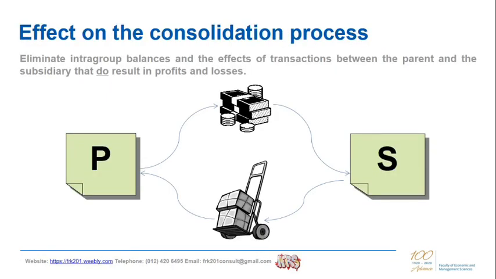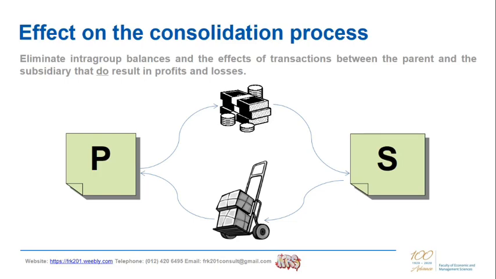The effect of having an intragroup sale of inventories on the consolidation process is that all intragroup balances and the effects of transactions between the parent and the subsidiary, where we now have a resultant profit or loss, have to be eliminated.